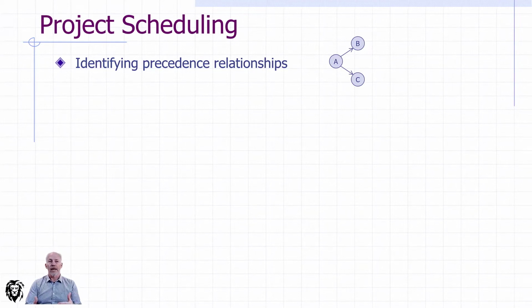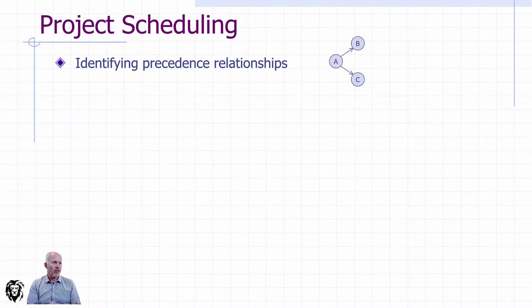We're going to start by identifying our precedence relationships. And by precedence, we're talking about what has to be done before something can start. So if I have an activity, I want to know every other thing that needs to be in place. And by this, I'm talking about the other work packages, not other constraints. What work packages need to be completed before this one can start?